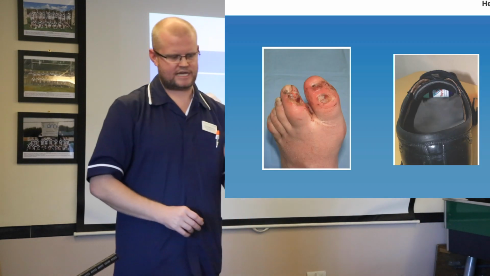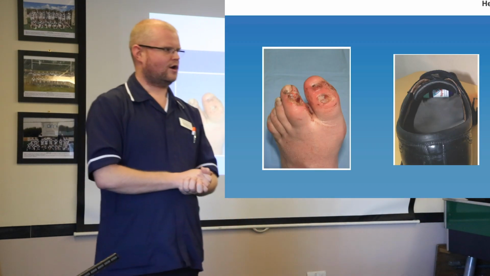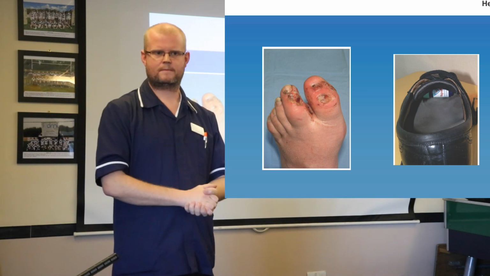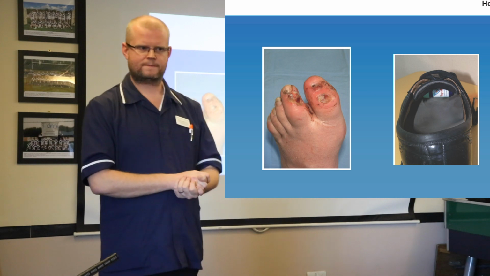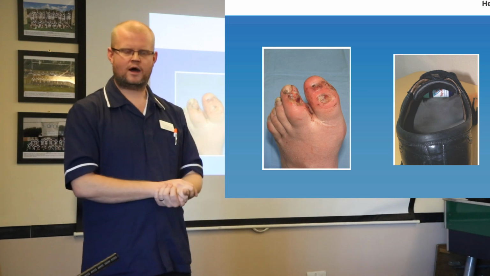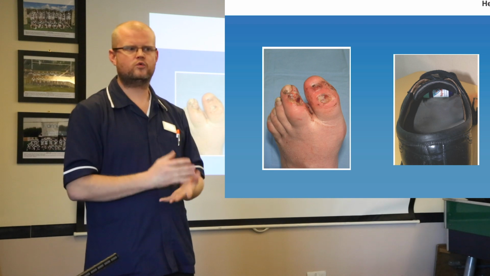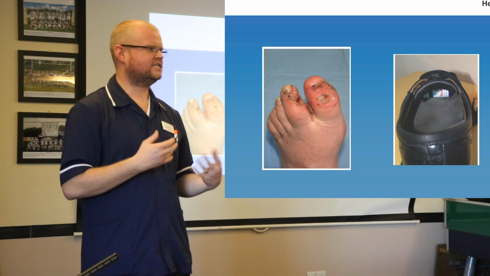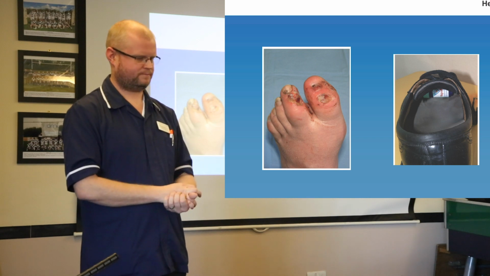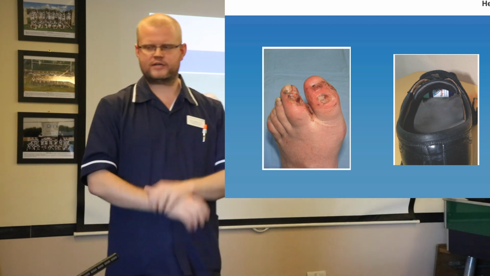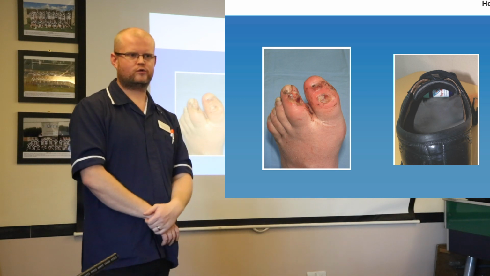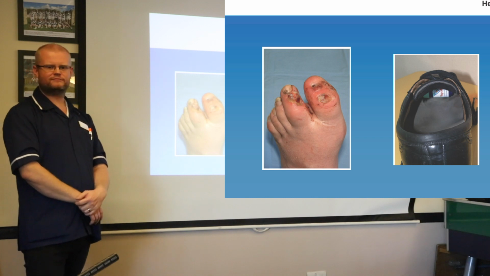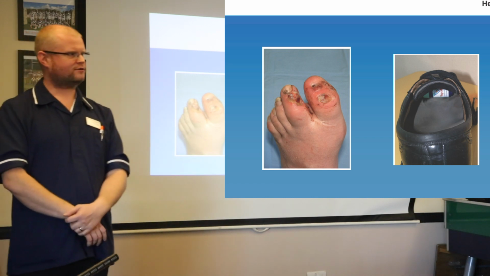Okay, so here's an example of a patient who has an appropriate pair of shoes but is also neuropathic. This is one of the reasons why, when talking to our patients, we would always recommend that they check their feet every day, that they check their shoes before they put them on. Can anybody hazard a guess as to what it is that's actually caused that? The patient's developed an ulcer on the top of their toe.